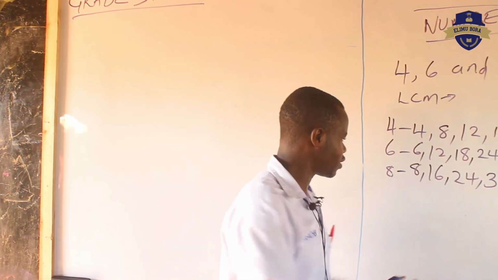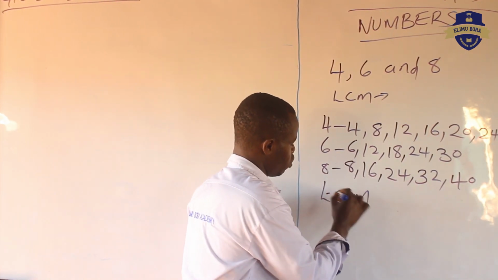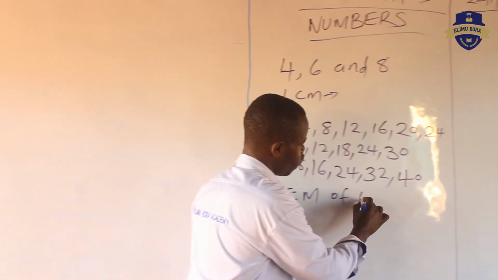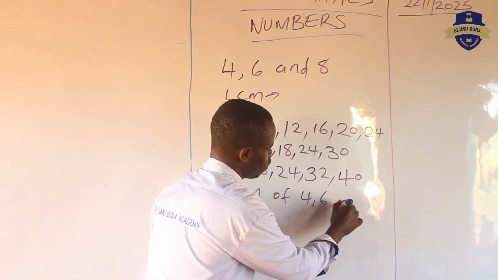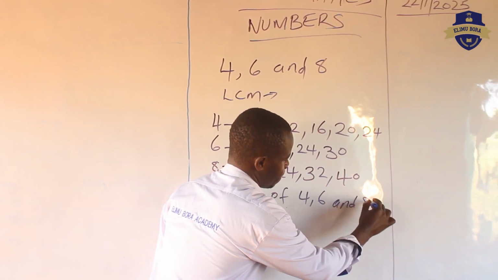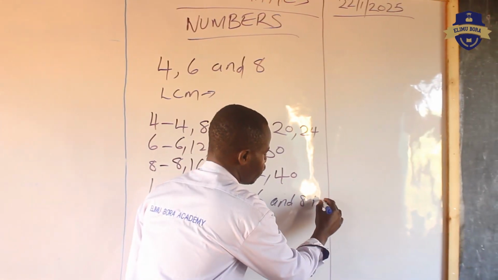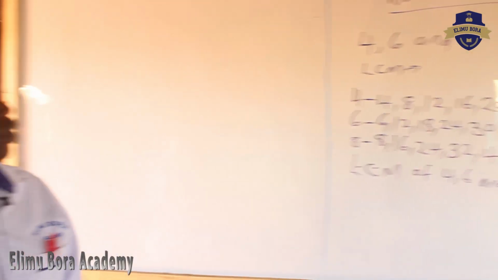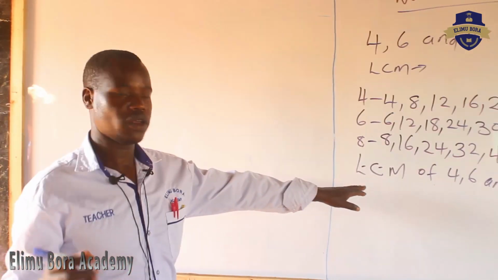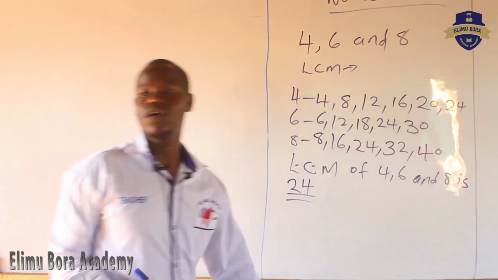Yes. So which is the least common multiple of 4, 6, and 8? Our answer will be 24.